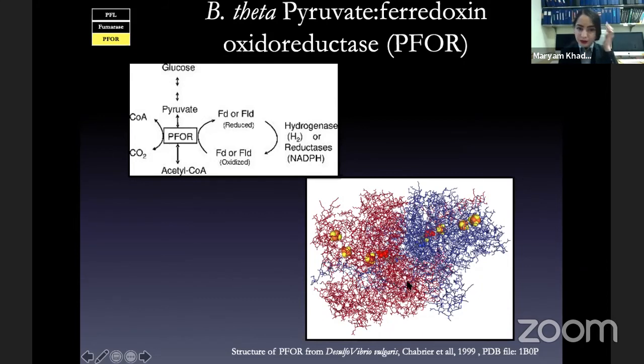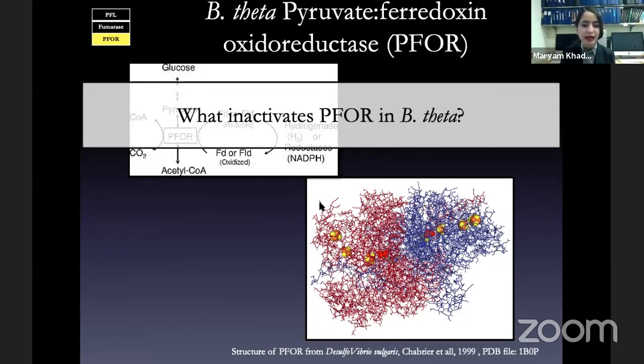And the pyruvate, which is the substrate, binds somewhere around here. Then the electrons are transferred from pyruvate to TPP, and from there they hop to the first iron-sulfur cluster, to the second iron-sulfur cluster, to the third iron-sulfur cluster, and from there they hop to the surface where oxidized ferredoxin is ready to take the electron away and become reduced. So this is the electron transfer path for PFOR.